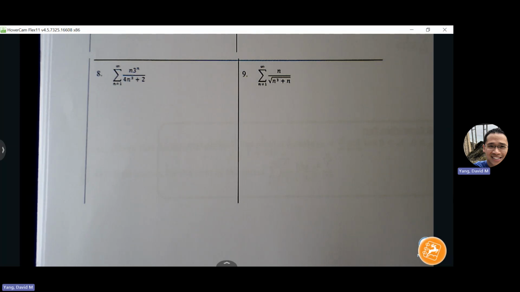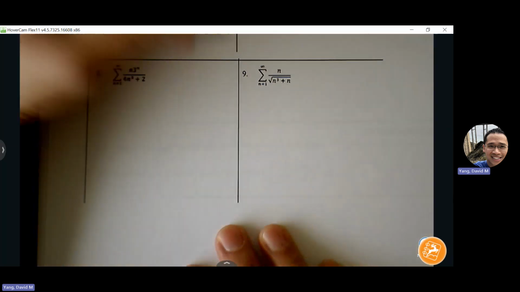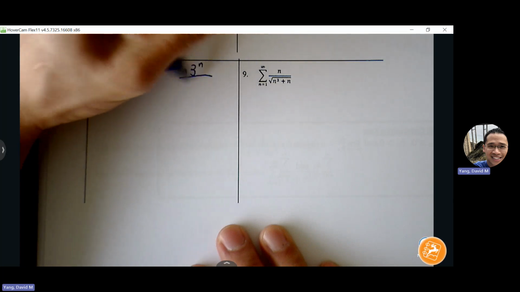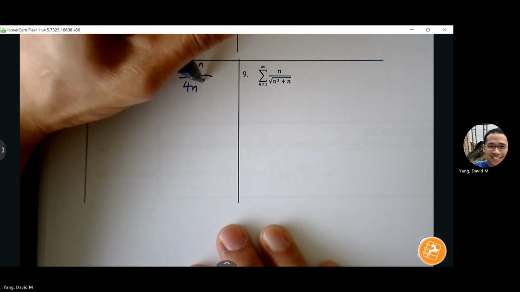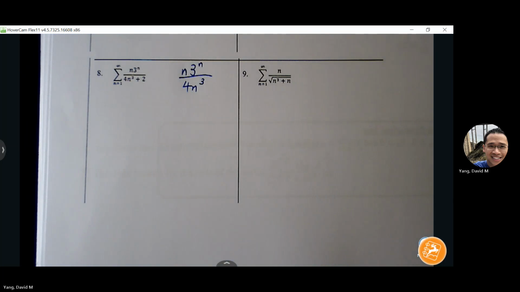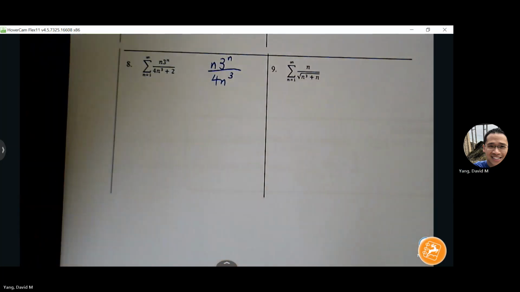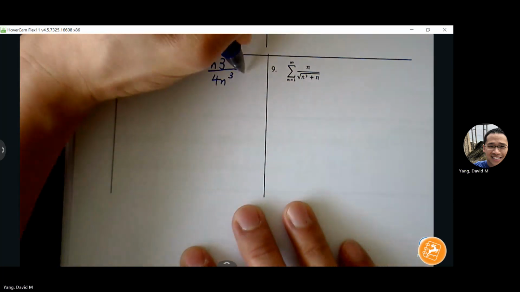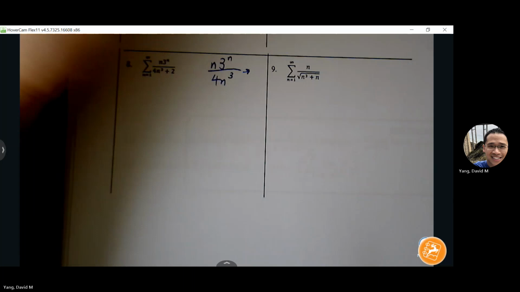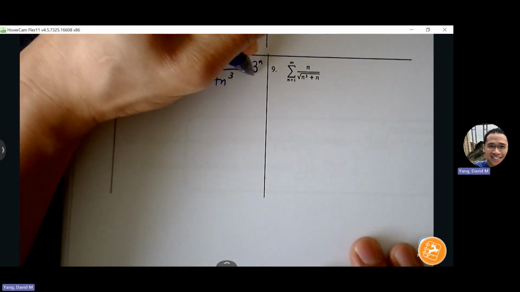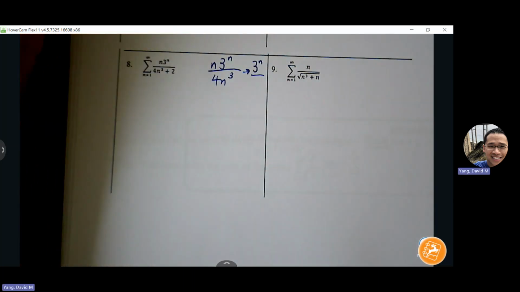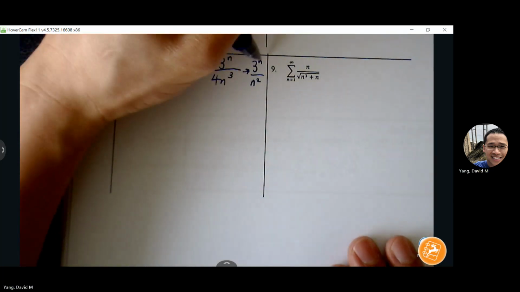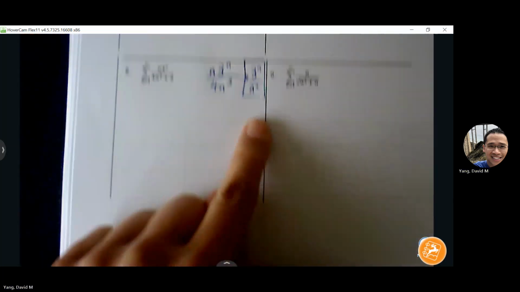If we want to find a comparison partner, let's take the most important things that are sticking out here and divide them. What can I strip that all the way down to? 3 to the n over, yeah, we can even drop the 4, over what? n squared. Okay, what do you know about this one?